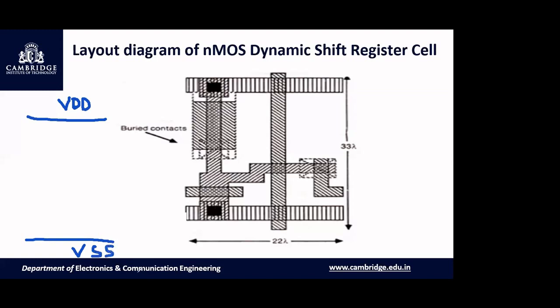Here I'm explaining how to draw the stick diagram for NMOS inverter. Then we'll have to draw the diffusion path between VDD and VSS.